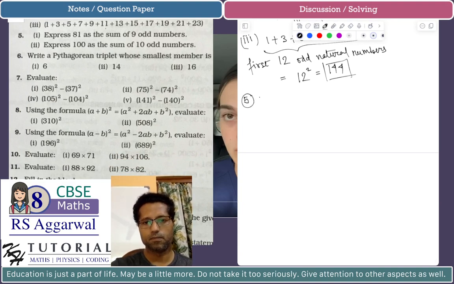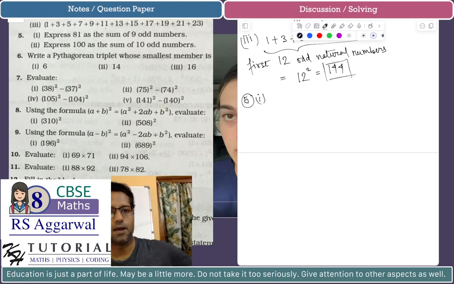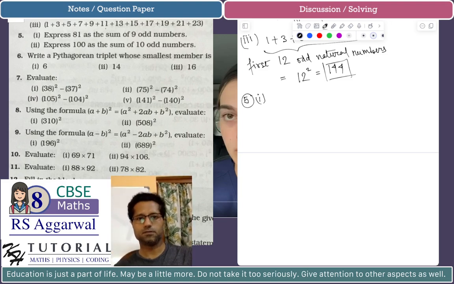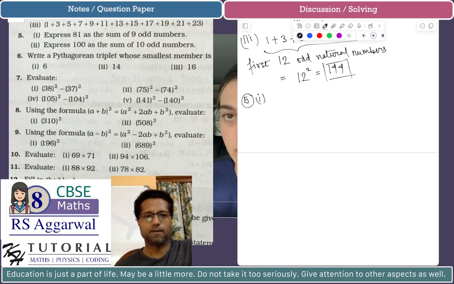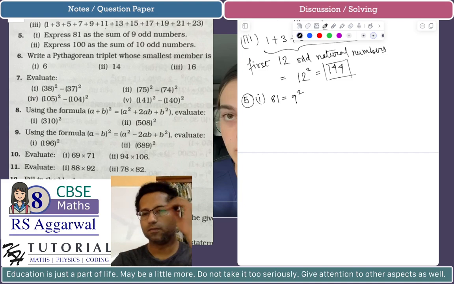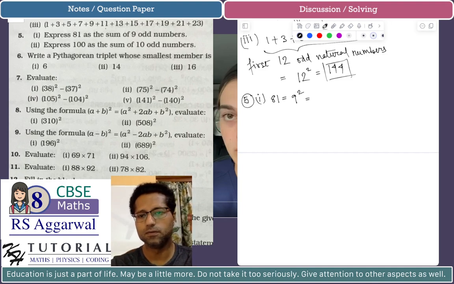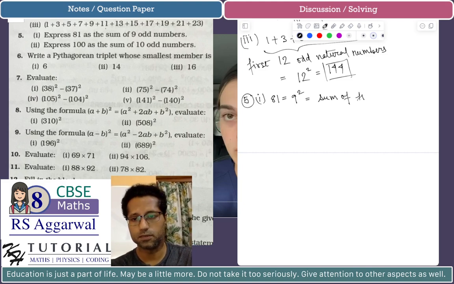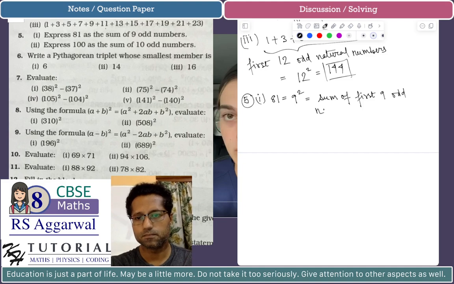What is problem number 5, part 1? Express 81 as the sum of 9 odd numbers. Okay, so we know that 81 is equal to 9 square. So definitely we know that the sum of first n odd natural numbers is equal to n square. So this will be equal to the sum of the first 9 odd natural numbers.